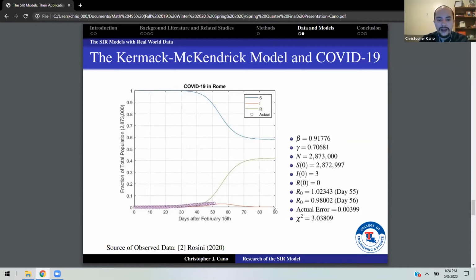And we can see that when the number of infected is approximately 0, about 42% of the population will have recovered from the disease, with about 58% of the population having never contracted the disease.